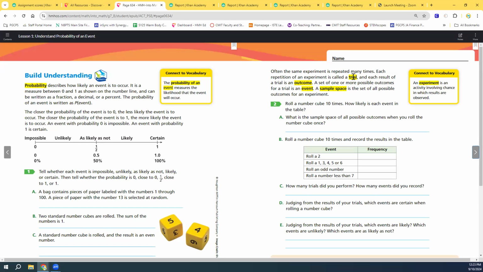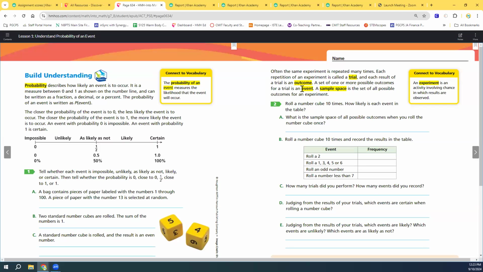Let's talk about it. A trial is every time you run the experiment. So if you flip a coin 5 times, that would be 5 trials. The outcome, sticking with the coin toss example, would be heads or tails. A set of one or more possible outcomes for a trial is an event.